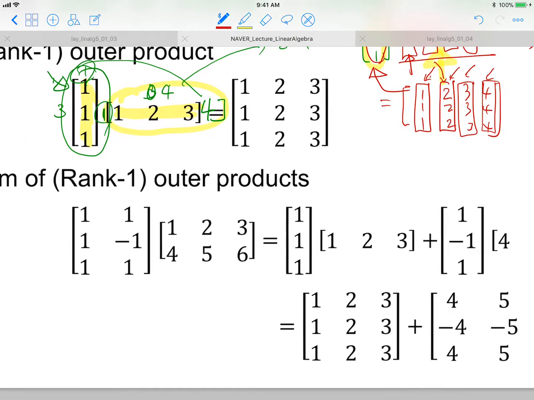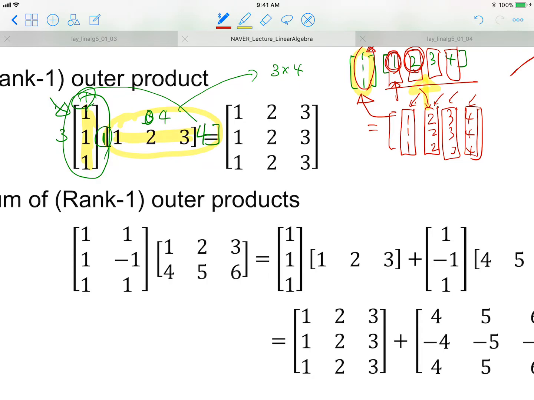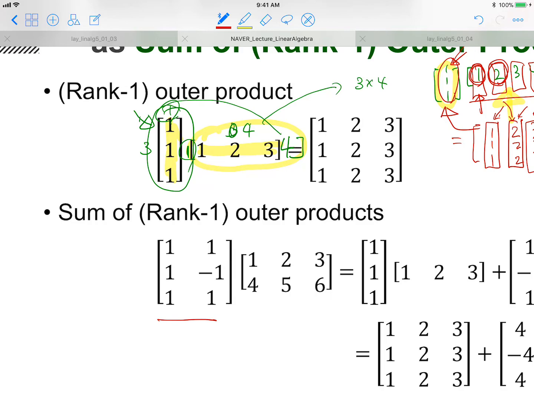Okay, and then now let's think about a general case. In the previous case, we had only one column vector and one row vector on the left and right respectively, but in this case, let's just extend it.